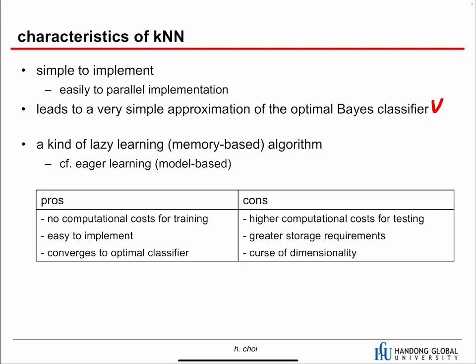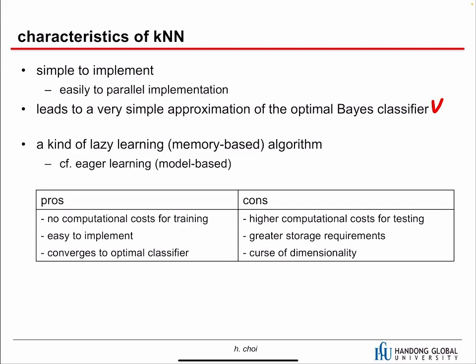And second, even if we have infinitely many training samples, we still cannot calculate the distances between the test sample and all the training samples. So kNN will be an approximation, okay? But if we increase the number of training samples, then this approximation would be close to the optimal classifier.